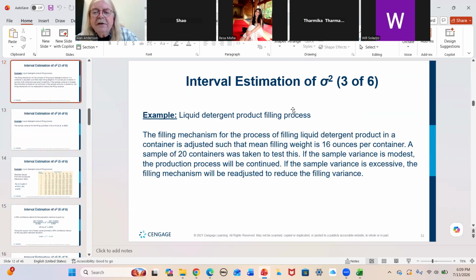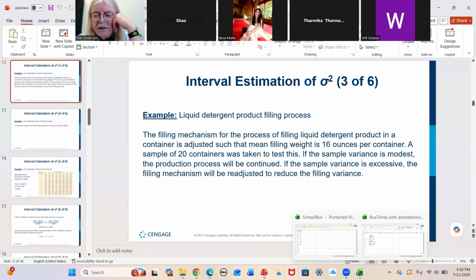The idea is that if the variance is too high, then we have to change the process for filling these bottles because the amounts are inconsistent with each other, and we don't want that. Ideally they'd all be the same, which means the variance would be zero, but we can't expect that either. So here are the details they gave us.